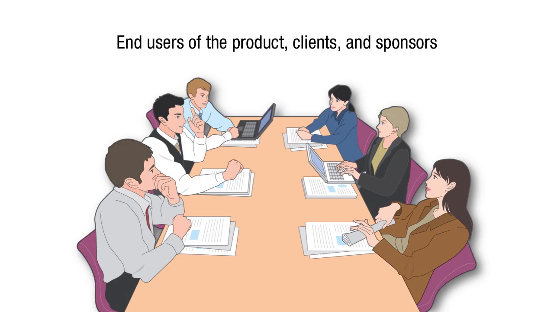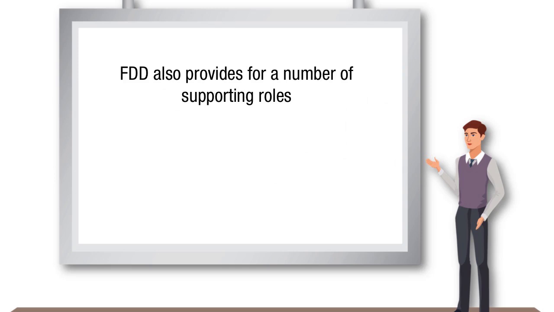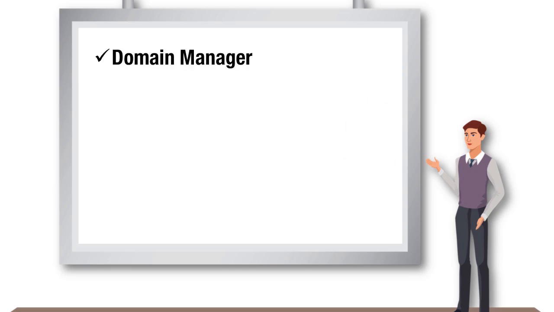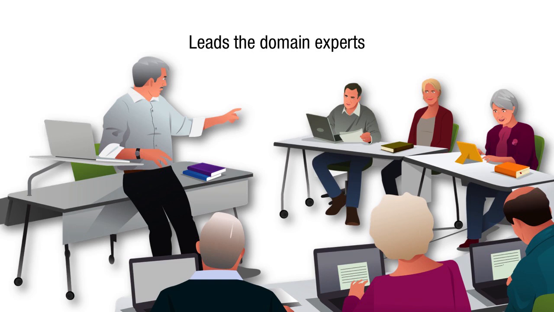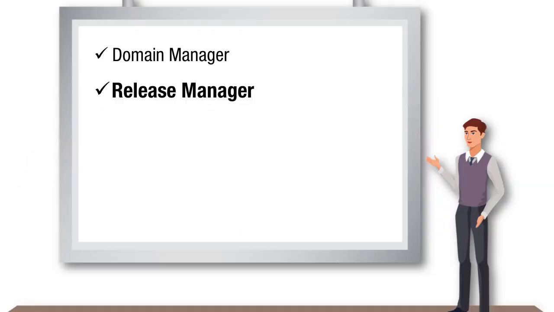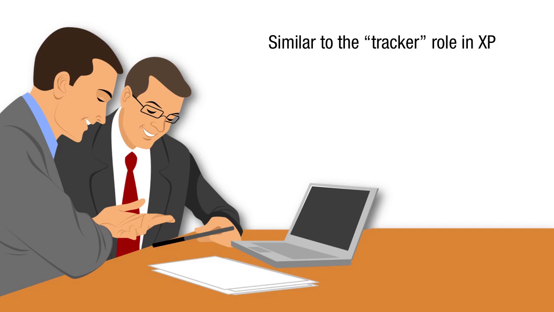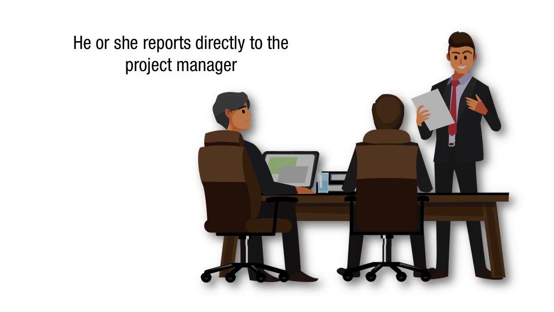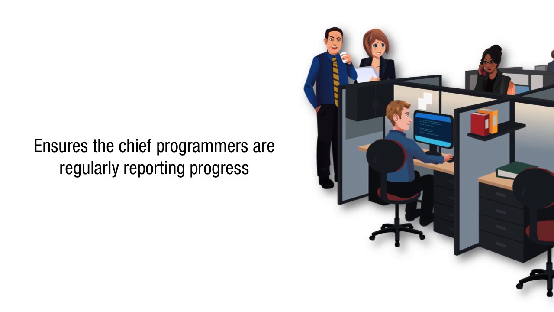In addition to the above-mentioned 6 roles, FDD also provides for a number of supporting roles. Domain Manager leads the domain experts, largely on projects only. Release Manager, similar to the tracker role in XP, he or she reports directly to the project manager and ensures the chief programmers are regularly reporting progress.